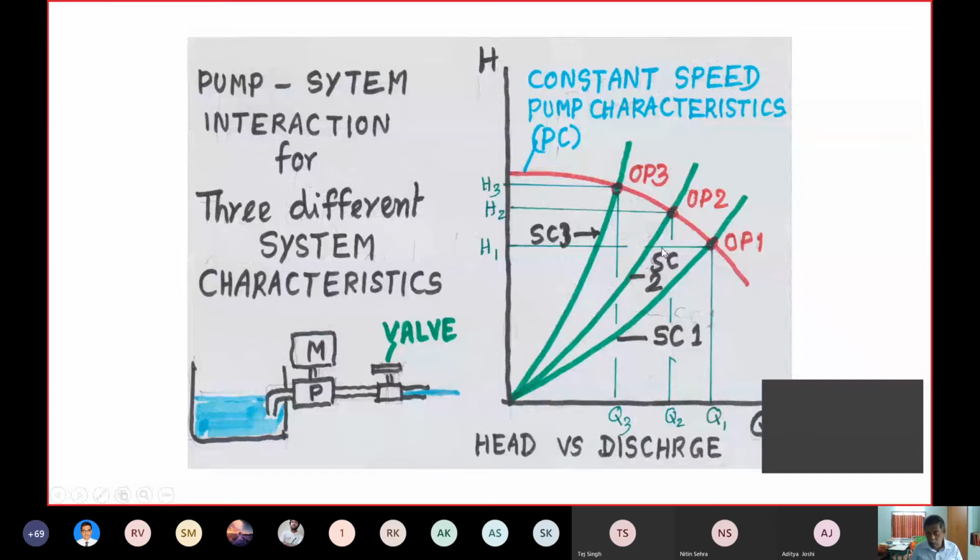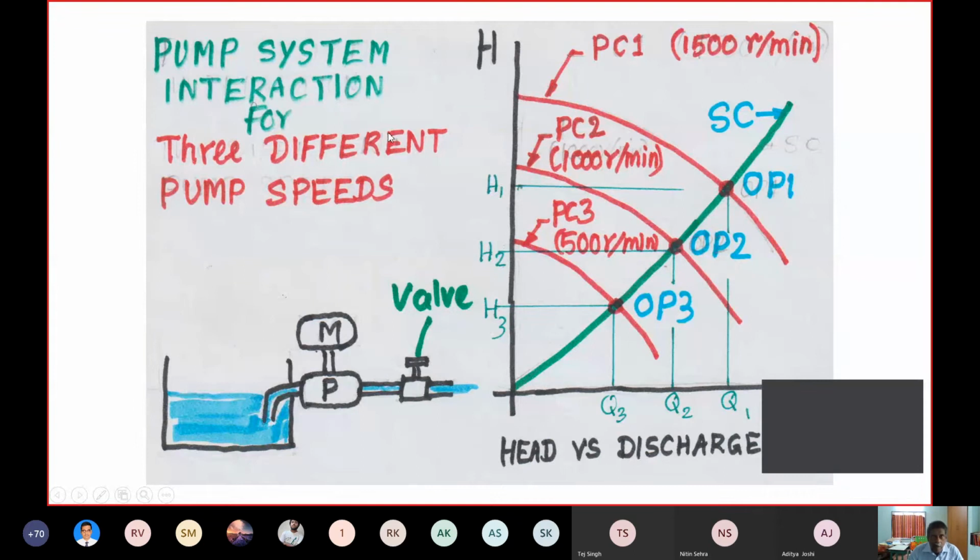If you close a little more, you will move over to operating point 2, where you have a slightly reduced discharge Q2 and a higher head H2. If you close the valve a little more, you move over to operating point 3, with a higher head H3 and a lower discharge Q3. So this is the pump system interaction for three different system characteristics.